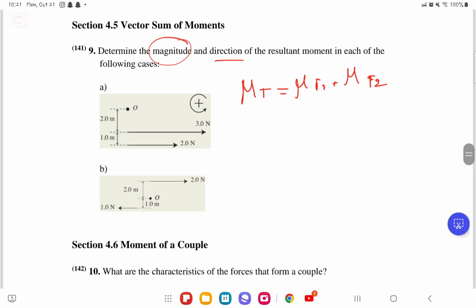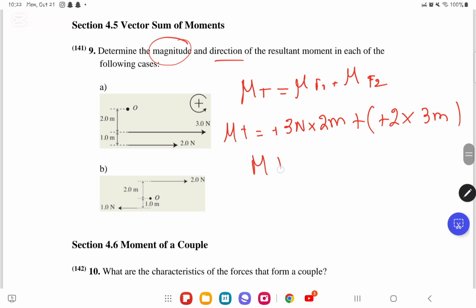The moment of the first force is 3 newtons multiplied by the perpendicular distance, which is 2 meters. Now we check, is it positive or negative? We do the right hand rule and we get that it is positive. Now plus, again, we do the force times the perpendicular distance, which is 3 meters. Using the right hand rule, we get it is positive. So the total moment is equal to plus 3 newtons times 2 meters plus 2 times 3.